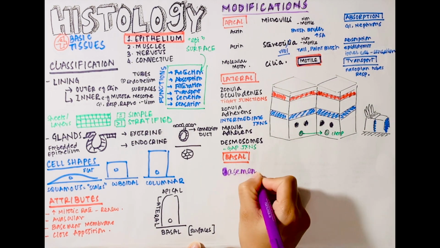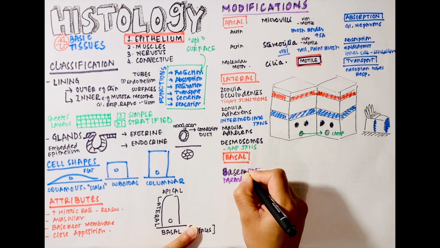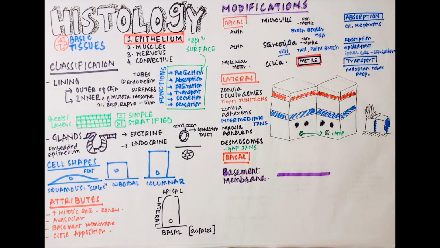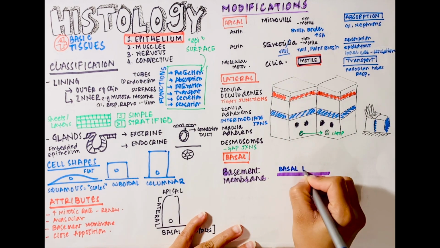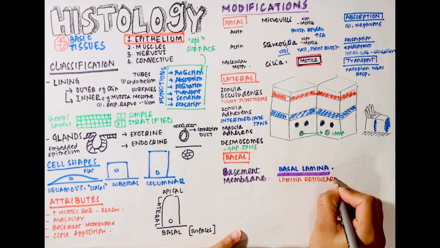Let's talk about the basal modifications, the most important of which is the basement membrane. This is the membrane on which all of the epithelial cells are lined, and it consists of two parts, namely the basal lamina and the lamina reticularis.